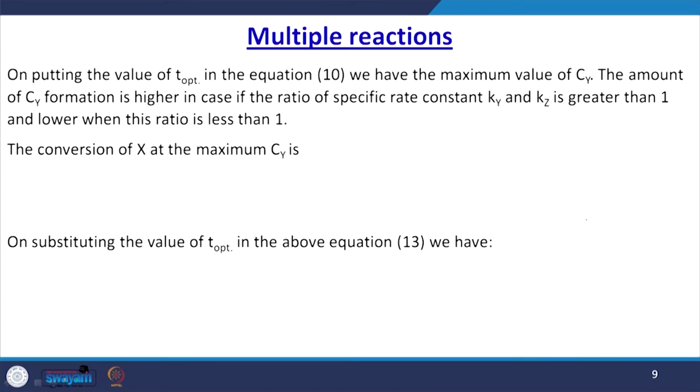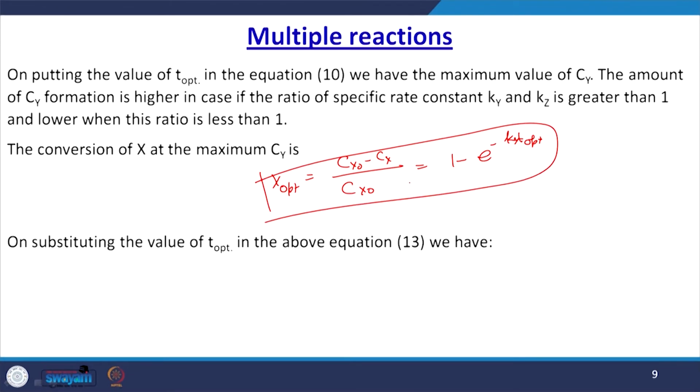When we try to write the conversion of x at the maximum Cy, we can write the mathematical equation: x optimum is equal to (Cx0 minus Cx) upon Cx0, that is equal to 1 minus e^(-ky tau optimum), and this you can represent as equation number 12.